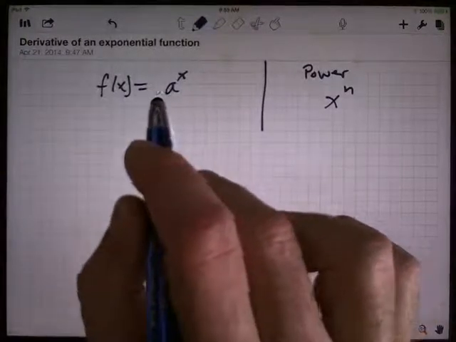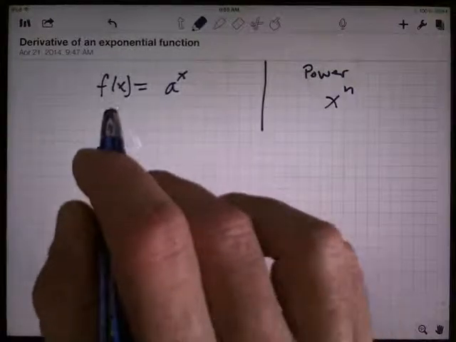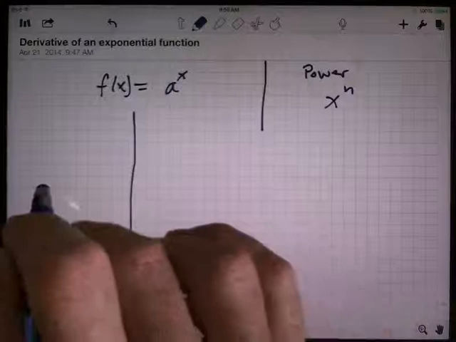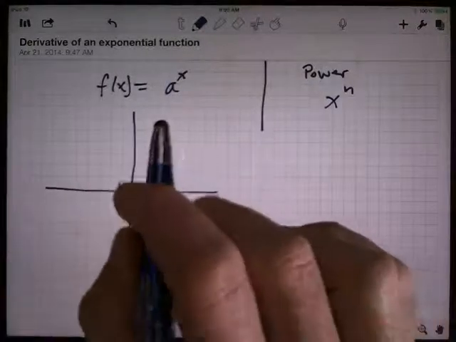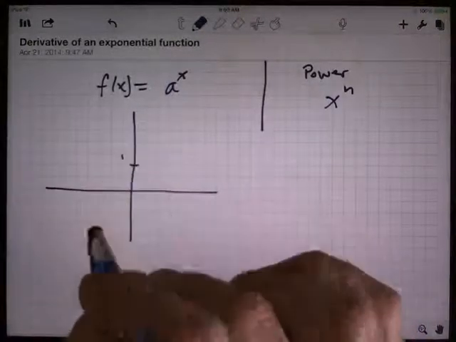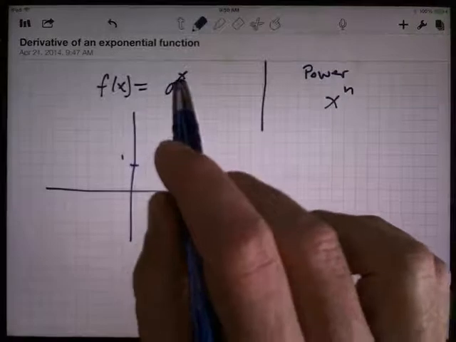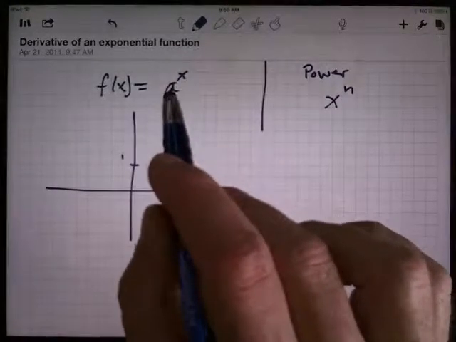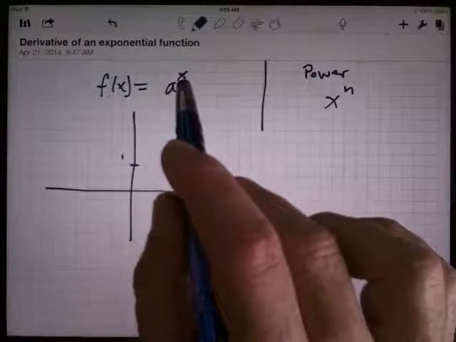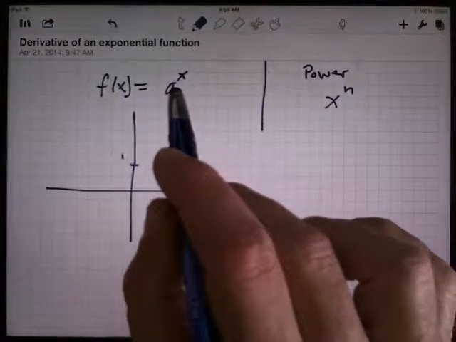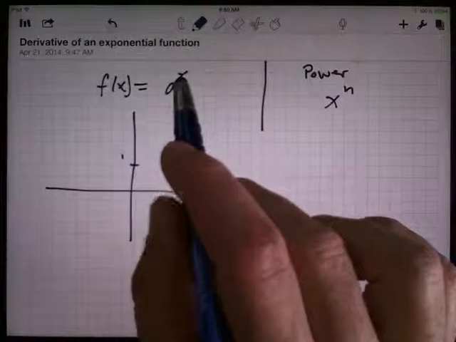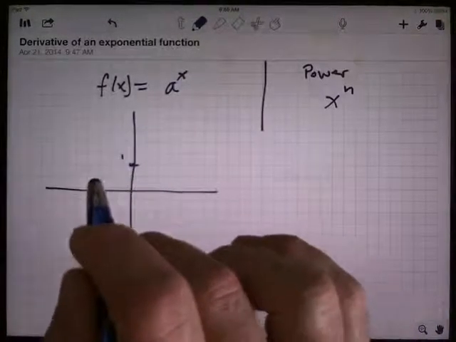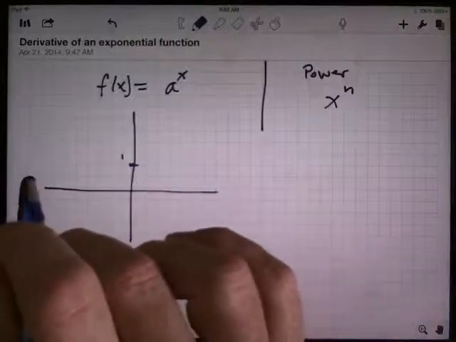Next, just graphically, if you remember what these exponential functions look like, let's say that this is 1 right here. Any number to the 0 power, take 7 to the 0 or 14 to the 0 or negative 2 to the 0, it doesn't matter, that's equal to 1. So every single one of these exponential functions passes through the point (0, 1).